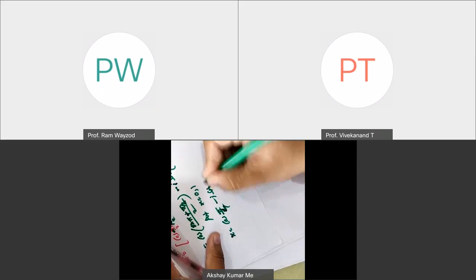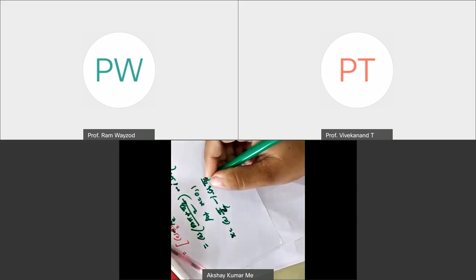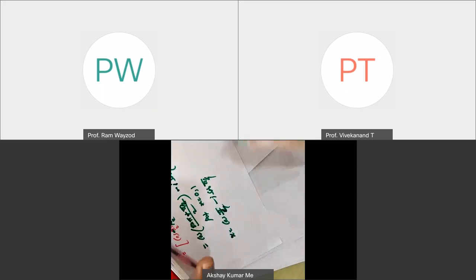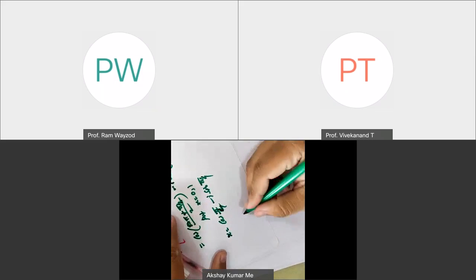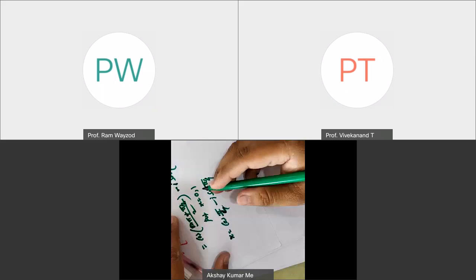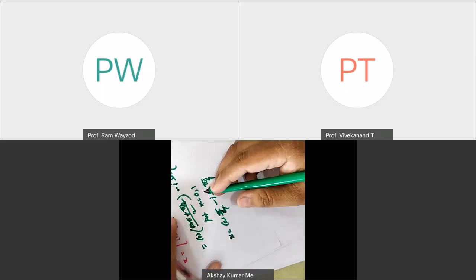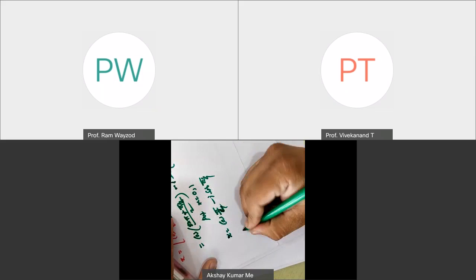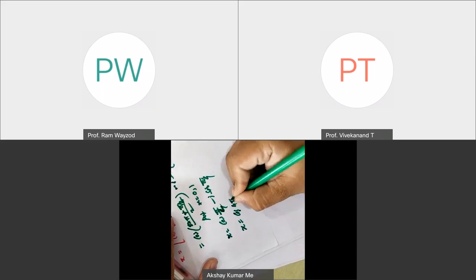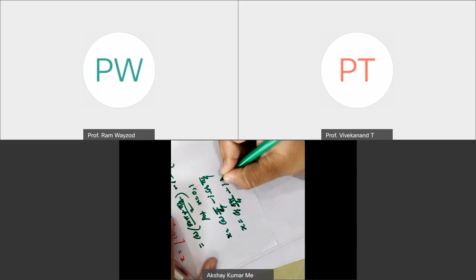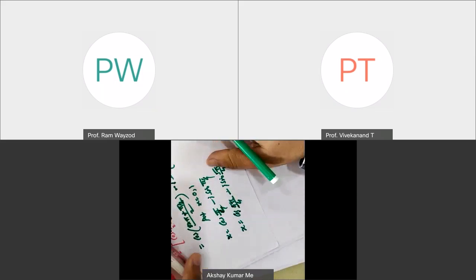And if we substitute n is equal to 1, so we get x is equal to cos pi by 4 minus i sin pi by 4.